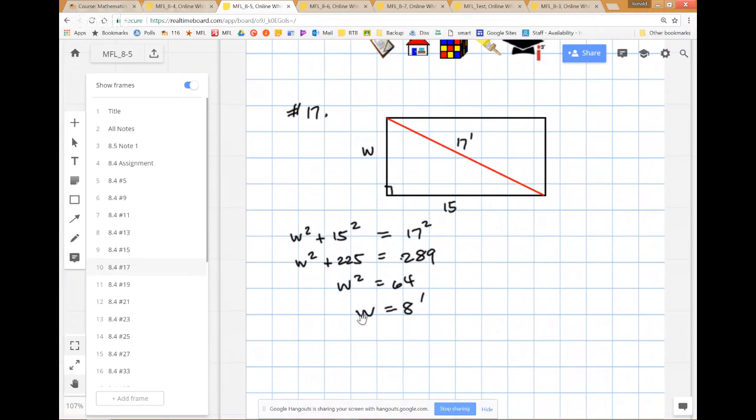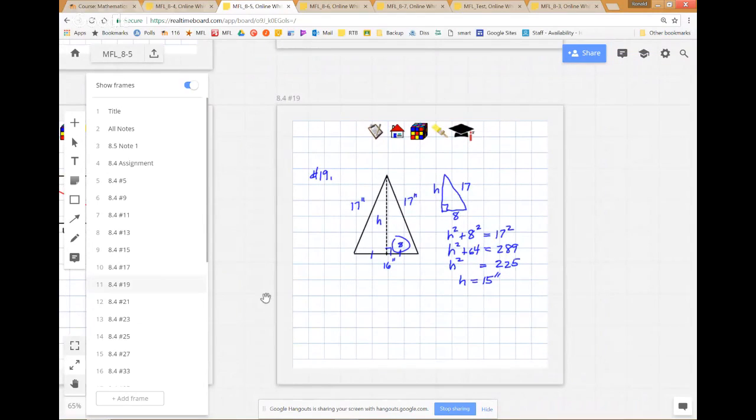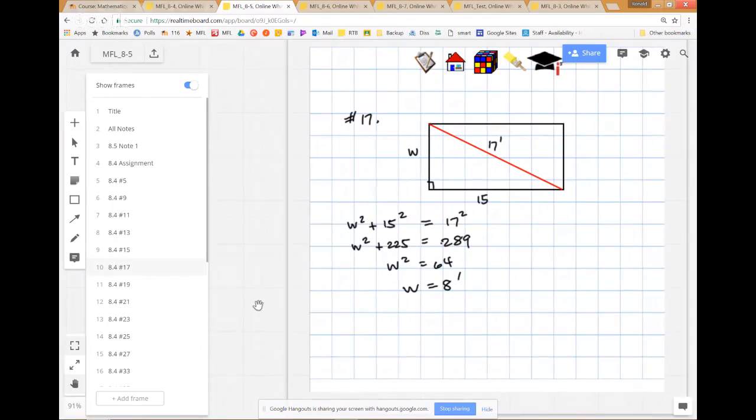It doesn't look like I have the right one, do I? All right, how about number 19? Oh yeah, I was okay with 17. Okay, I'm on the wrong page. All right, I've got a teacher who can't find the right page.